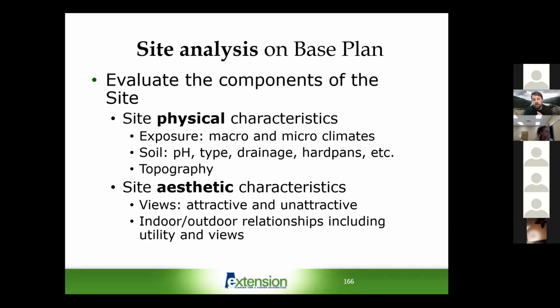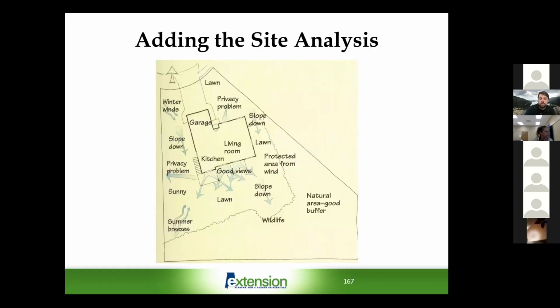There are so many different aesthetic characteristics, and it's going to be different for each person and what you want to focus and highlight on. So the physical characteristics are things you can see, and aesthetic is a little more personal and subjective to the person's house, or to your landscape for your house.